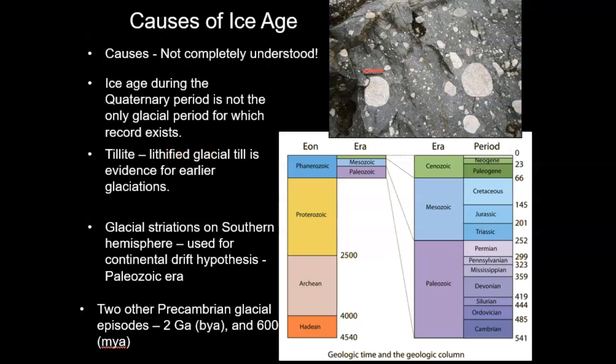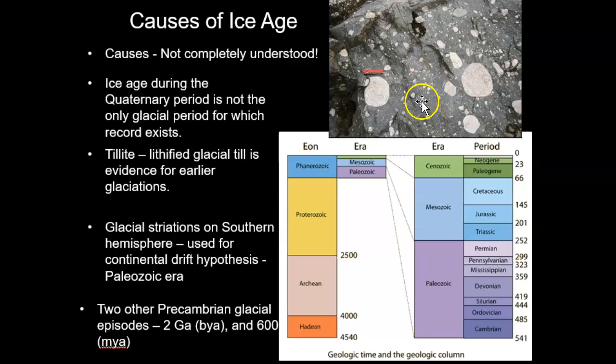So a great deal is known about glaciers and glaciation. However, the causes of ice ages are not completely understood. We know that there must have been earlier glaciations than those seen in the Quaternary period. Earlier glaciations are indicated by deposits that we call tillite. Tillite is a sedimentary rock which is formed when glacial till becomes lithified.